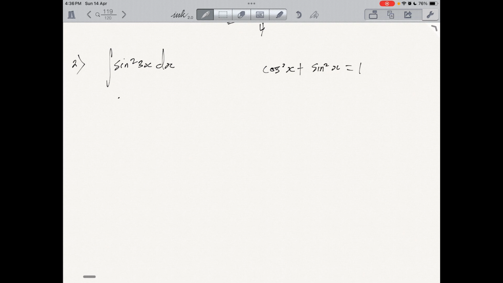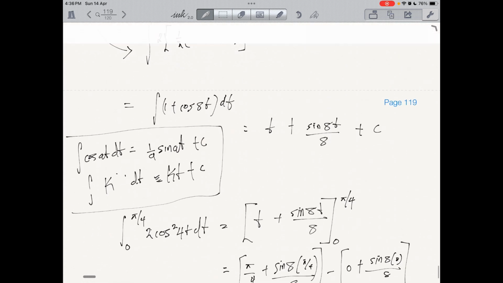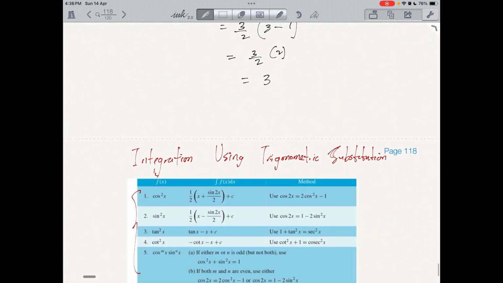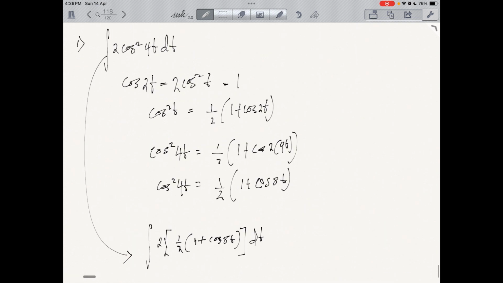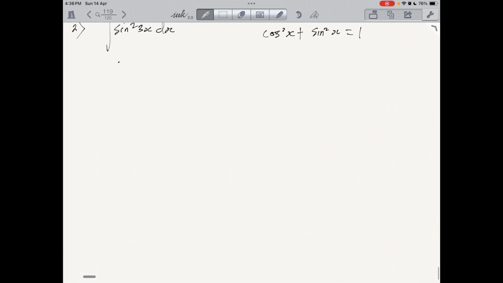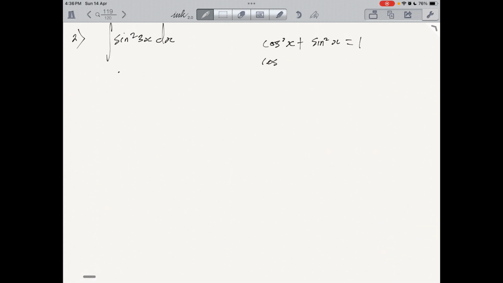And just like we have done here, that cos 2t is equal to 2 cos square t minus 1, cos square, let's now call it cos square x, is equal to 1 over 2 into 1 plus cos 2x.